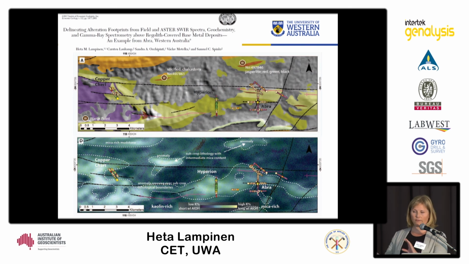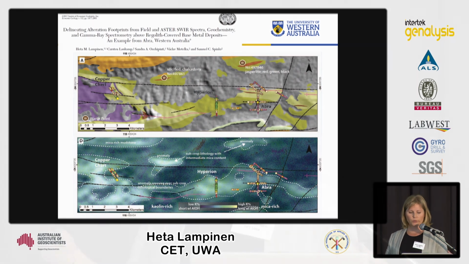So this gives you a coarse idea of how to use the remote sensing data sets, knowing that phengitic alteration is preserved on the surface. You can start looking for phengitic alteration, especially in the rocks that shouldn't have white micas in the first place.